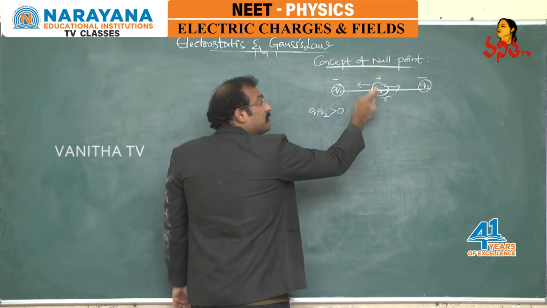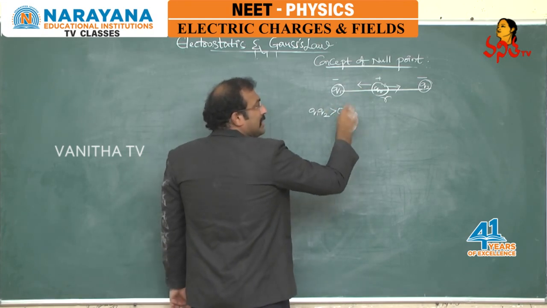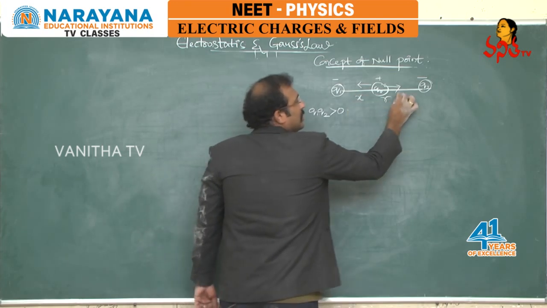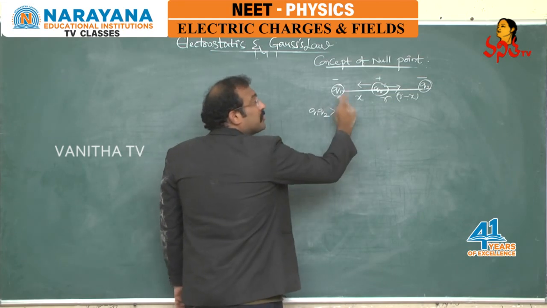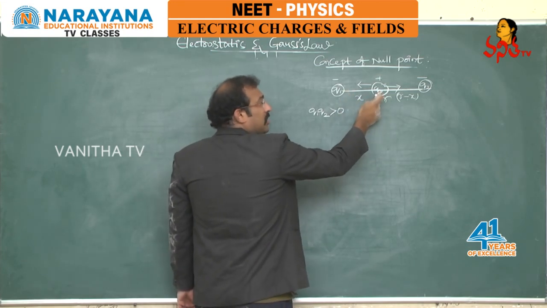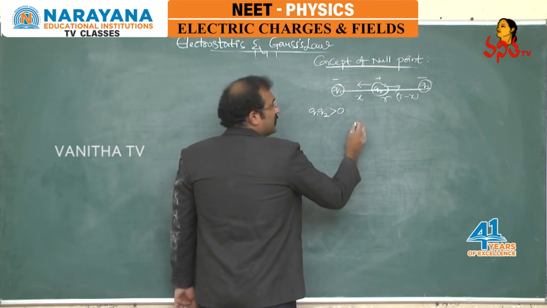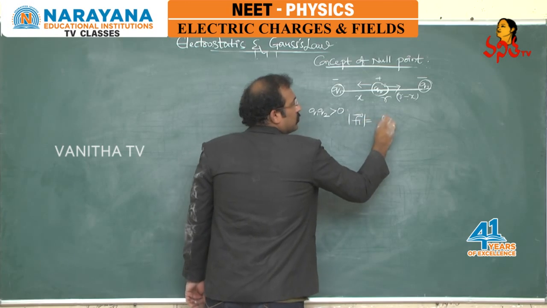What is the distance of the null point? It can be calculated as follows. Let this distance be x, and let this distance be r minus x. Since the magnitudes of the two forces acting on this charge due to these two charges are equal, I will write F1 is equal to F2.